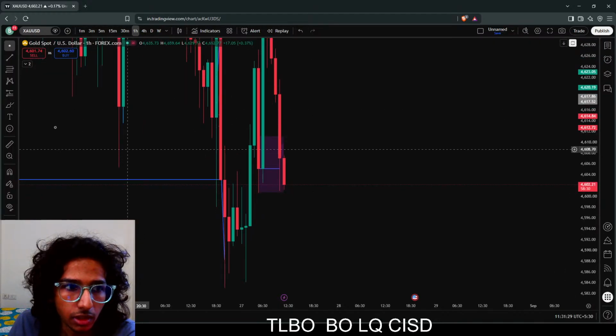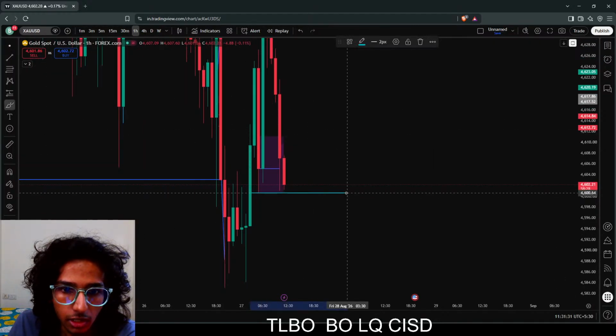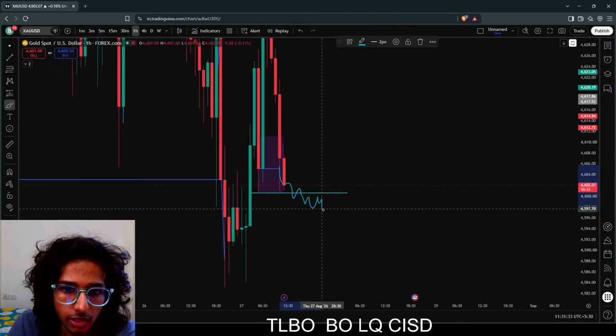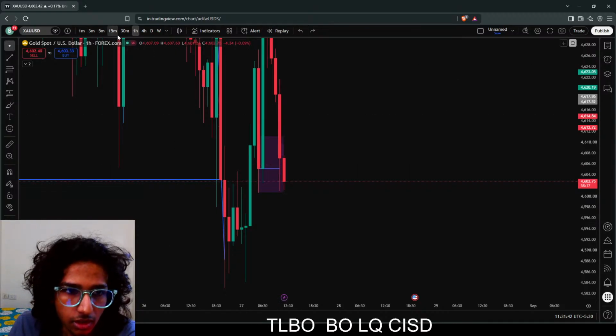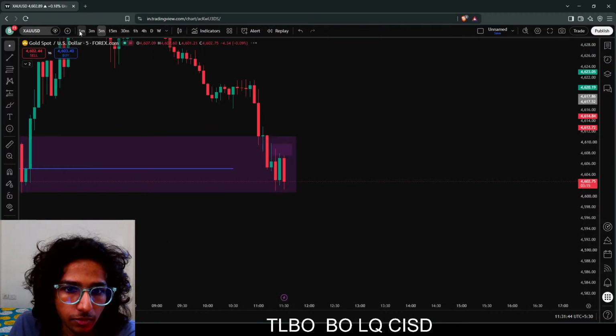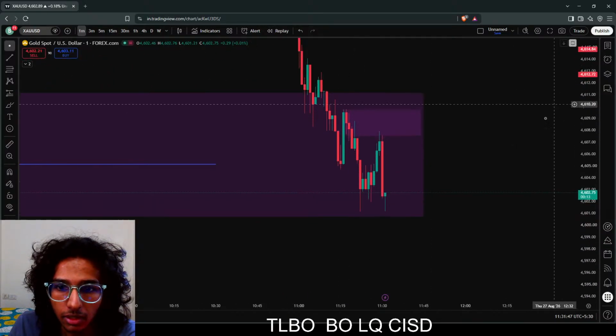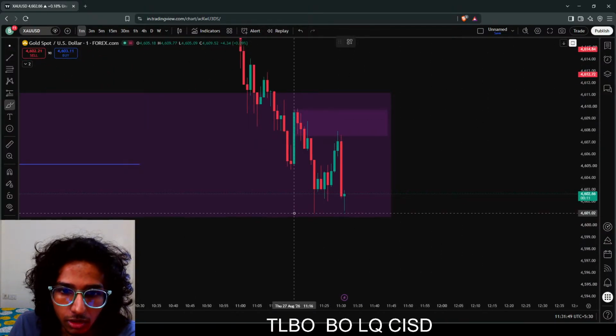I want price to go below this thing, to be honest. If it goes below and holds for the wick, don't close, just wick, it's going to go up. That's how it works. But in this case, it's not even moving. So let's see how it goes. At least go below this thing, man.